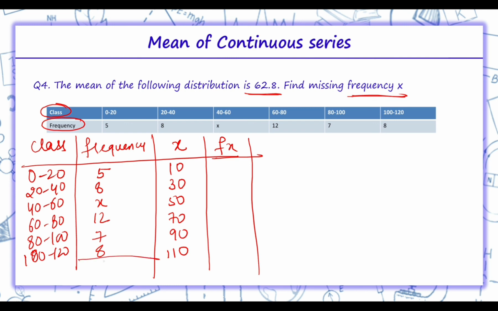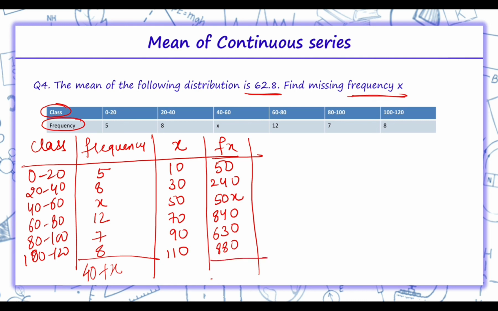So its summation is coming out to be 40 plus x. Now we'll calculate fx. 5 into 10, 50, 8 into 30, 240, 50 into x is 50x, 12 into 70 is 840, 7 into 90 is 630, 110 into 8 is 880.